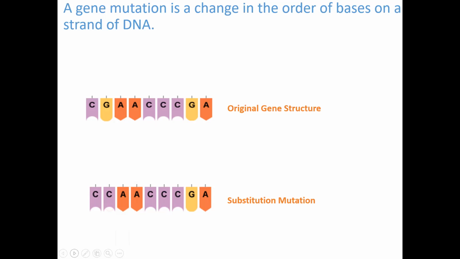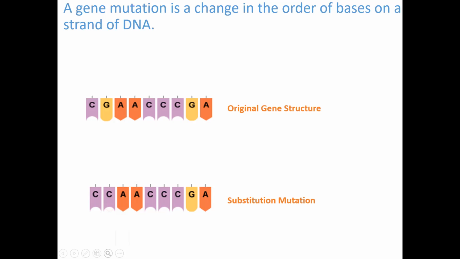A lot of times the substitution gives you the same amino acid. Some of those amino acids have 6 different combinations of triplets, and some only have 1 or 2. So a substitution error frequently doesn't cause any harm, but occasionally it does.